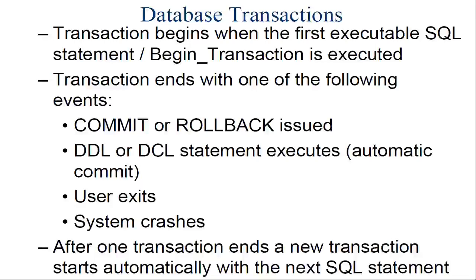Suppose for the successful completion of your transaction, you say commit. Then whatever data has been modified by that transaction, all the modifications will be done completely, that is, permanently, when you use the commit command. Commit makes whatever changes or manipulations you have done with the data permanent in the database.